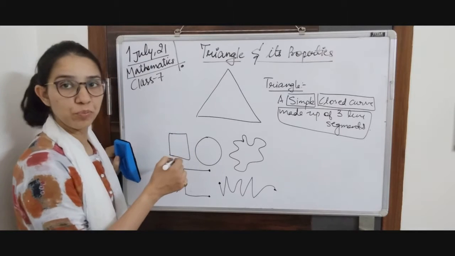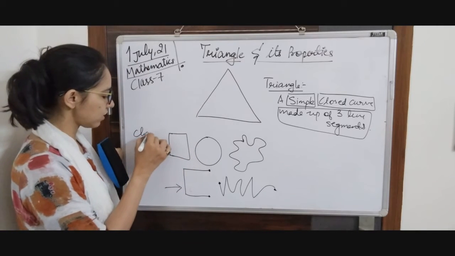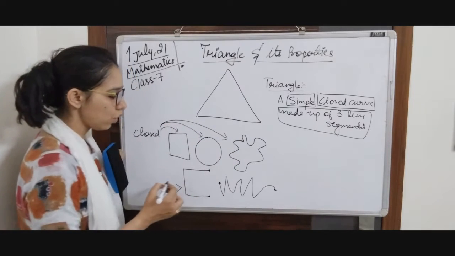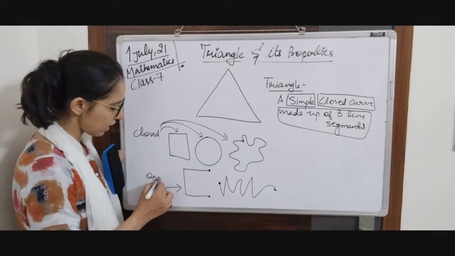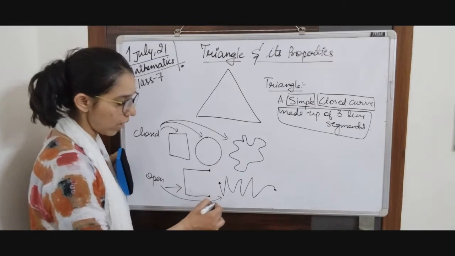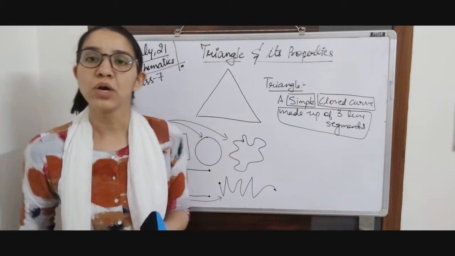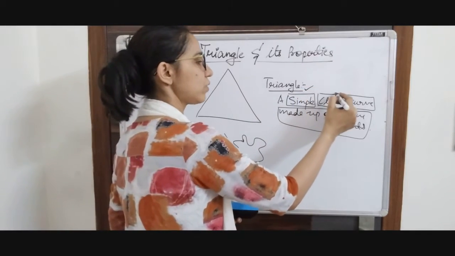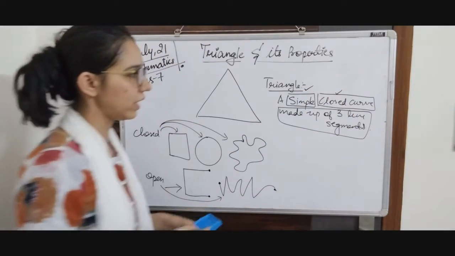There are no end points. So this one, this one, this one and this one are closed curves, and if they have end points, they are called open curves. So simple is clear to us, closed curve is clear to us.